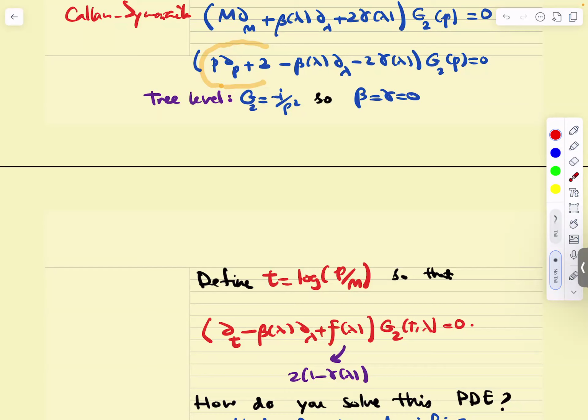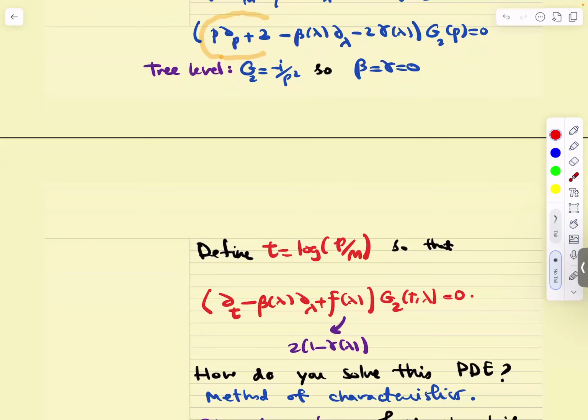So you write it as log of p over m, the only other scale in the problem. So that's your del t, and then minus beta lambda del lambda, that's your beta function. Package this 2 with this gamma of lambda to write it as 2, 1 minus gamma of lambda. All right?